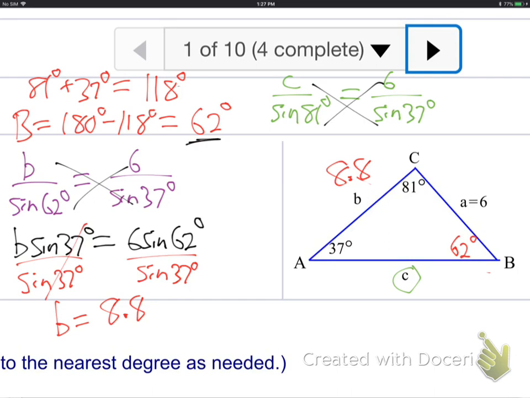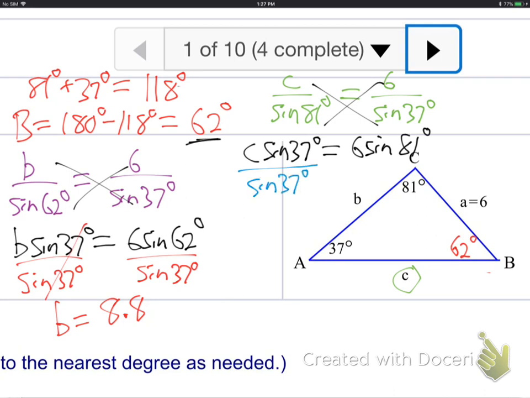So cross multiply, boom and boom. Get this out of the way here. What do we get? C sine 37 is 6 sine 81. And divide by the sine of 37. Boom.